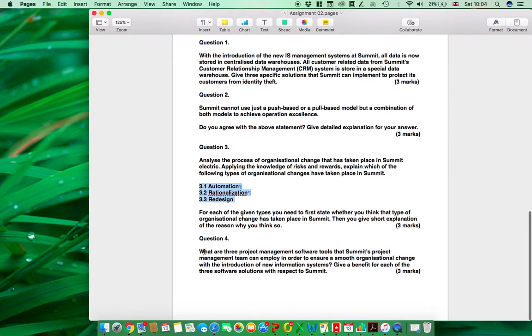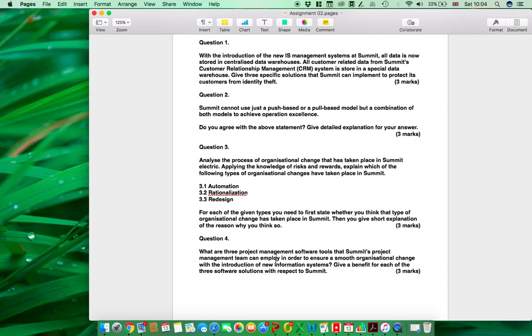And question 4 is actually the easiest of all four questions. You just have to go and look in the chapter, which is, I believe, managing information system projects, and look at the tools given there and see how Summit can benefit from each one of those tools. So it's really a very easy question.